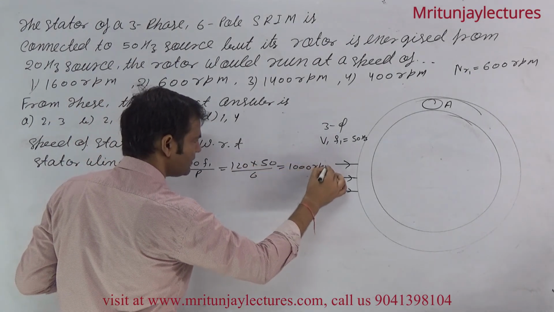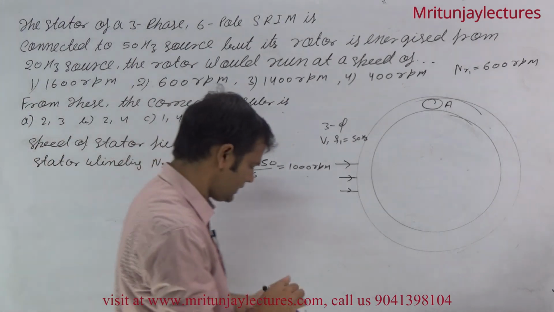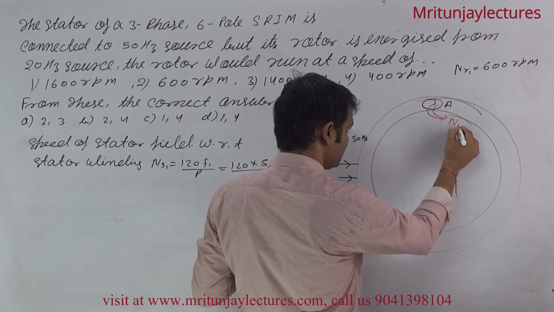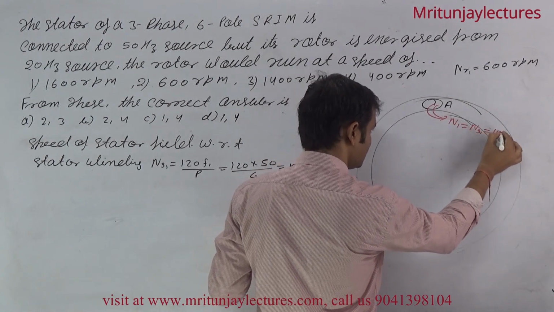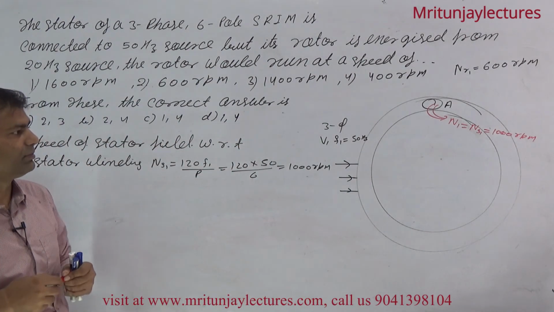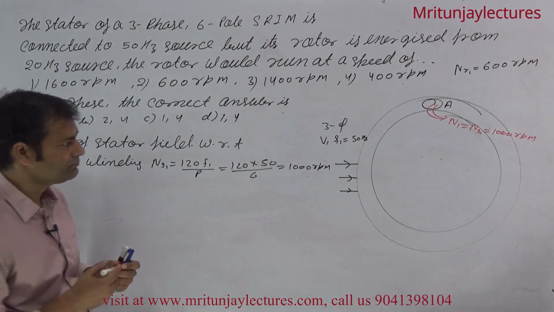Clear? It means the stator field with respect to stator winding, N1, that is NS1, is 1000 rpm. That is 1000 rpm.